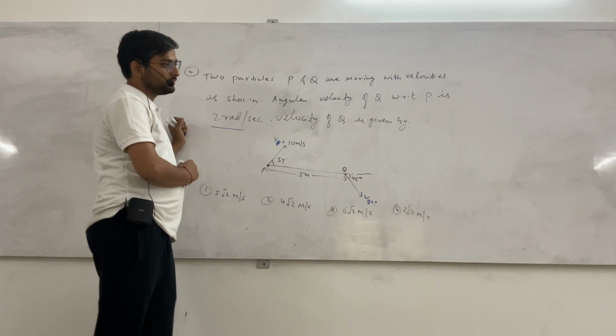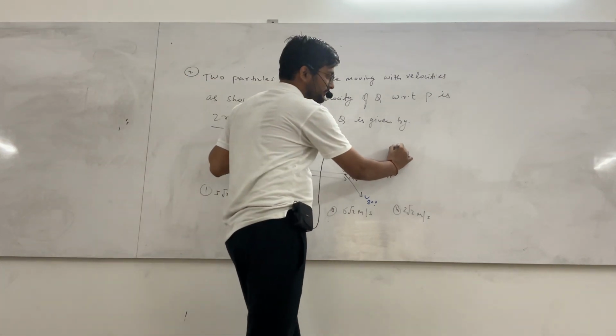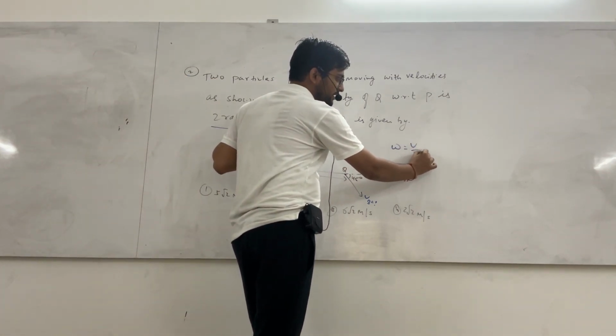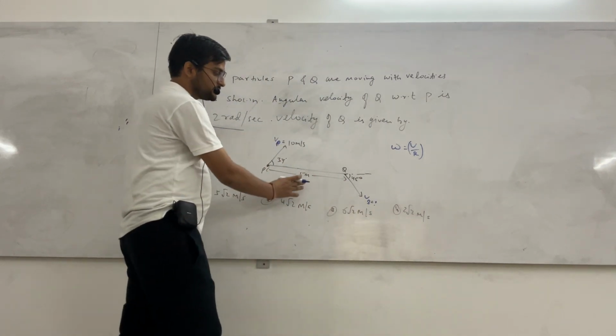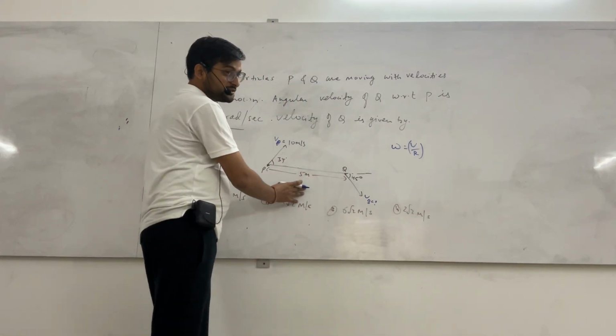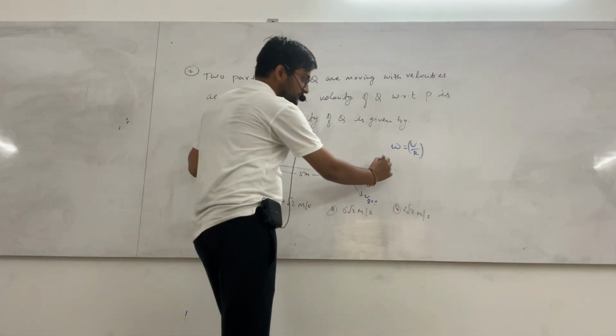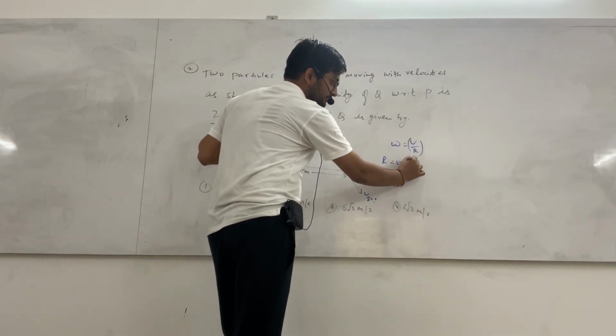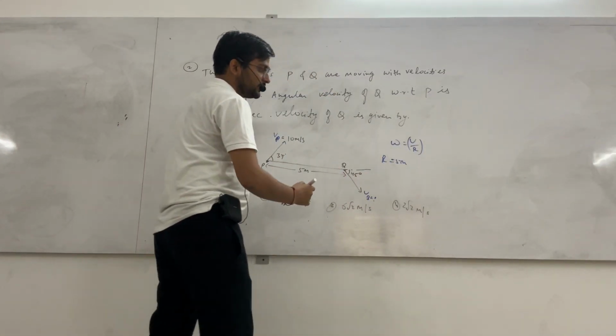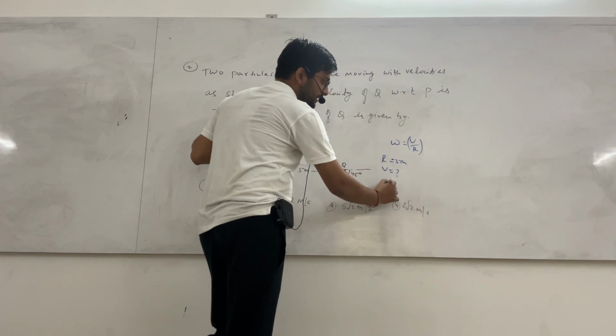According to the formula of angular velocity, angular velocity is velocity upon radius. The radius where the particle rotates is 5 meter, so r is equal to 5 meter.